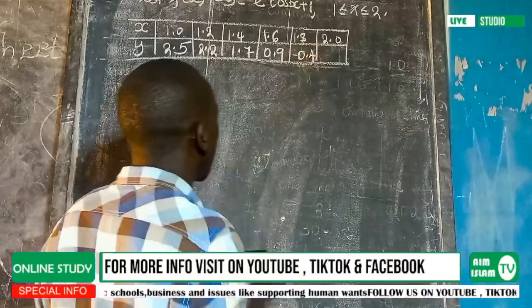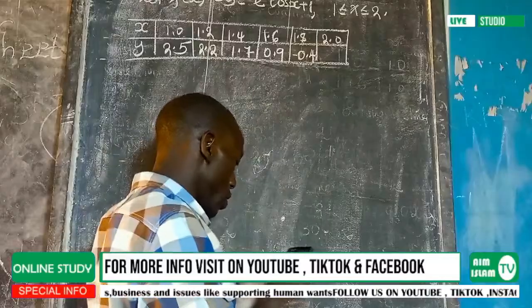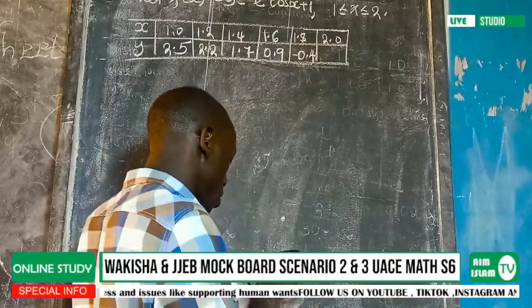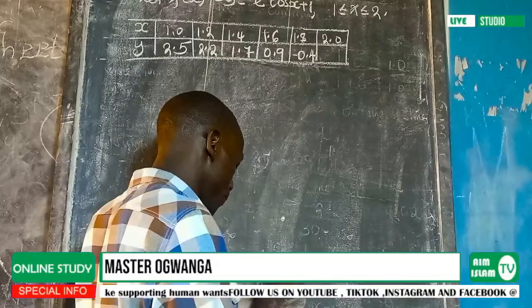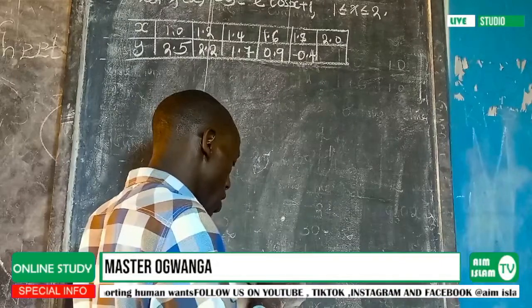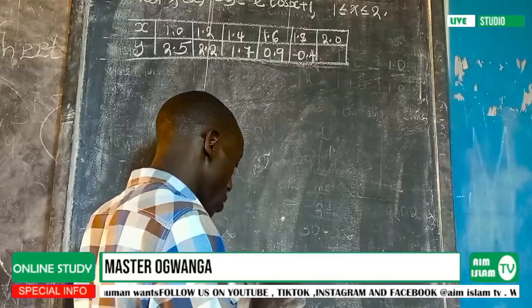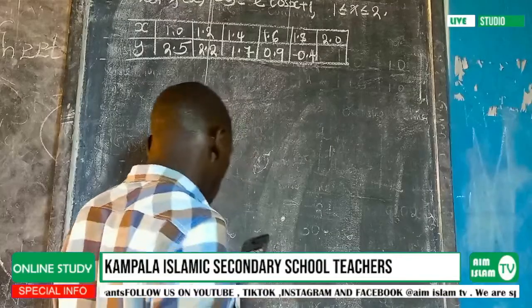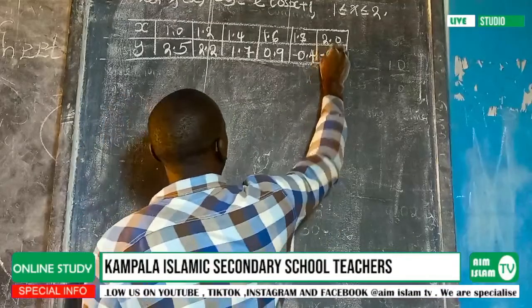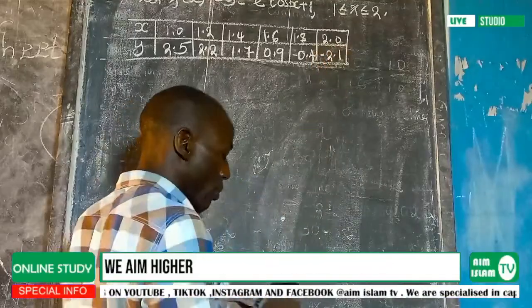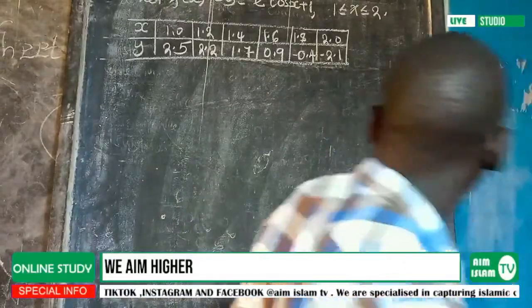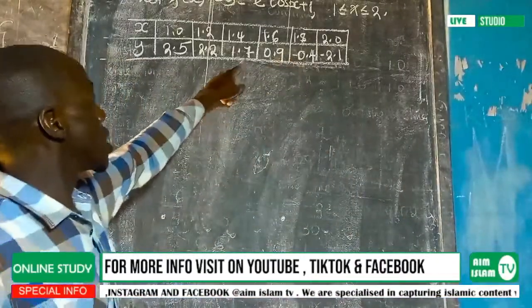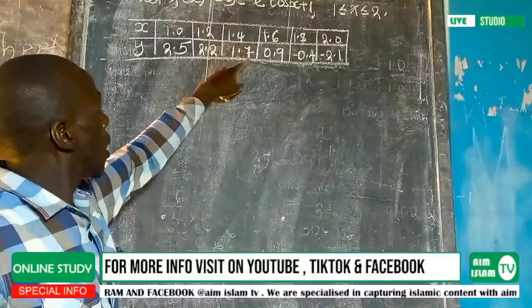Then finally, the exponential of 2 cos of 2 plus 1. This is negative 2.1. So that is what I'm now going to use to come up with my graph.